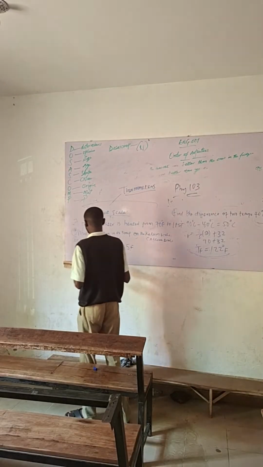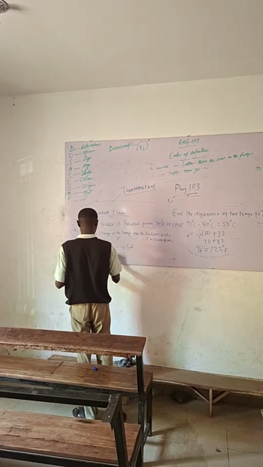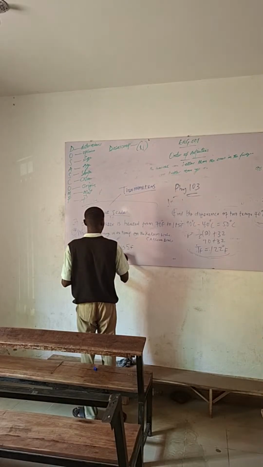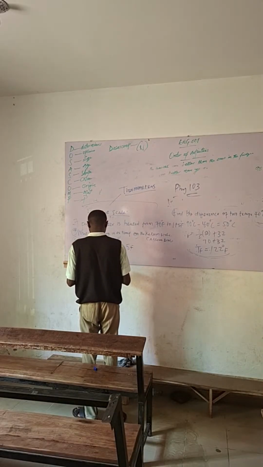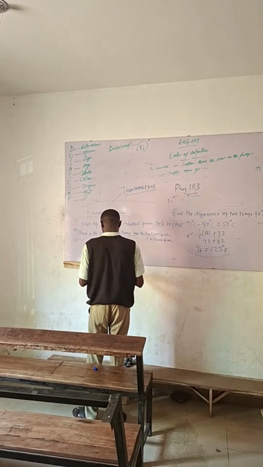Your first answer, 330.7. Someone got 90 degrees Celsius and 363 Kelvin. And someone got 35 degrees Celsius.